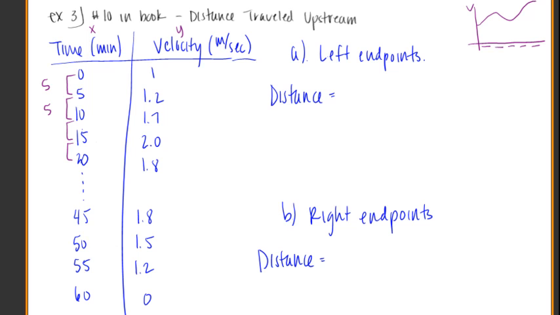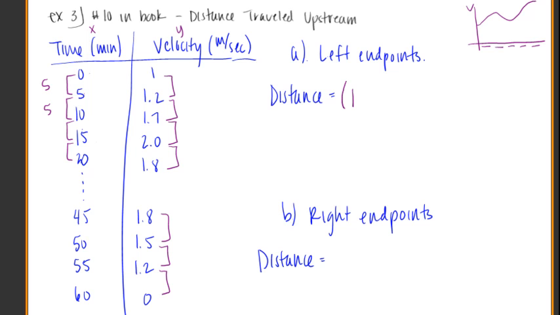To get from 0 to 5 minutes, it's the same thing as that interval right there. That interval from 1.7 to 2.0, 2.0 to 1.8, and then kind of wrapping this up right here. In the interval from 0 to 5, the velocity went from 1 to 1.2. We want the left endpoint, so we're going to go with the lower amount. We're going to go with 1.